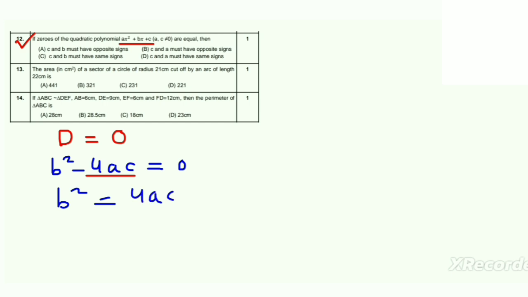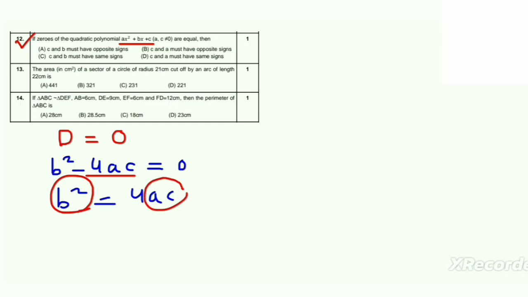Now let's observe here in the LHS, here is b square, and the sign of b square always remains positive, right? So in the RHS too, a and c must have the same sign to get a positive value, right?